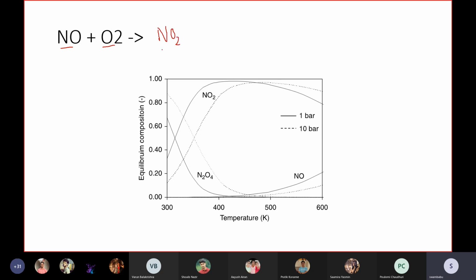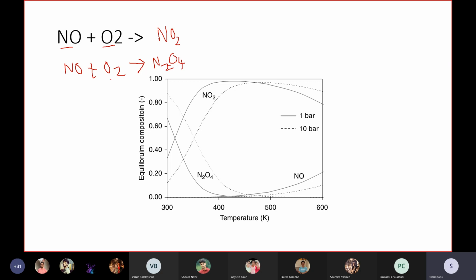There is one more possibility: NO reacts with oxygen and forms N2O4. Both are possible.